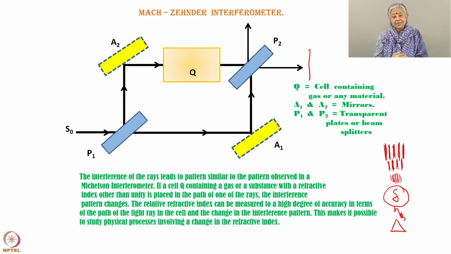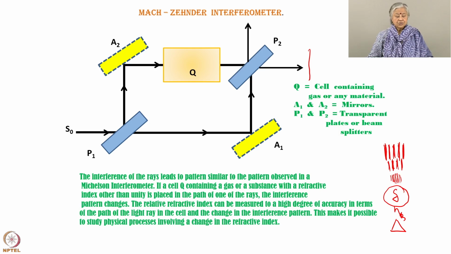So, this was one example of amplitude division, interference pattern produced due to amplitude division. Very often the Mach-Zehnder interferometer is used in many experimental cases in a laboratory, and even in industry, it is a standard procedure.